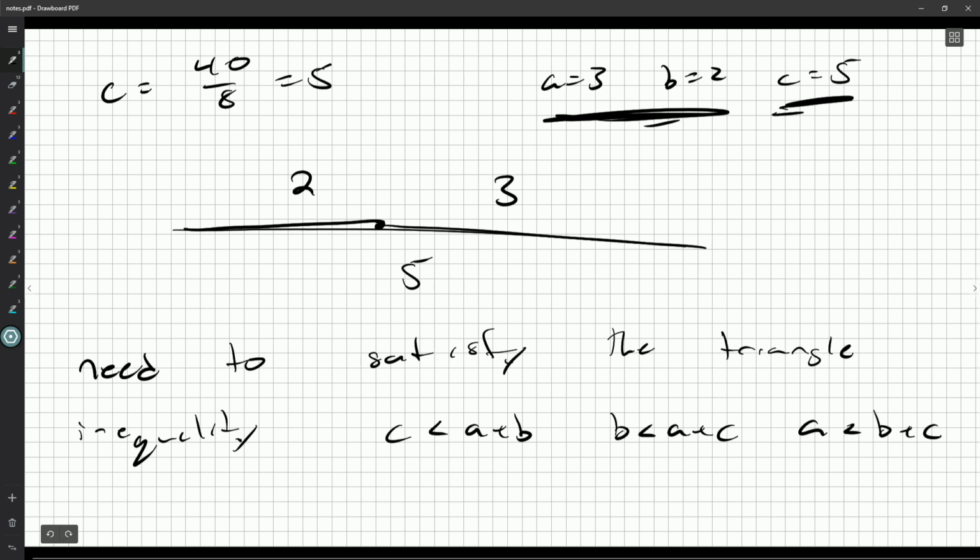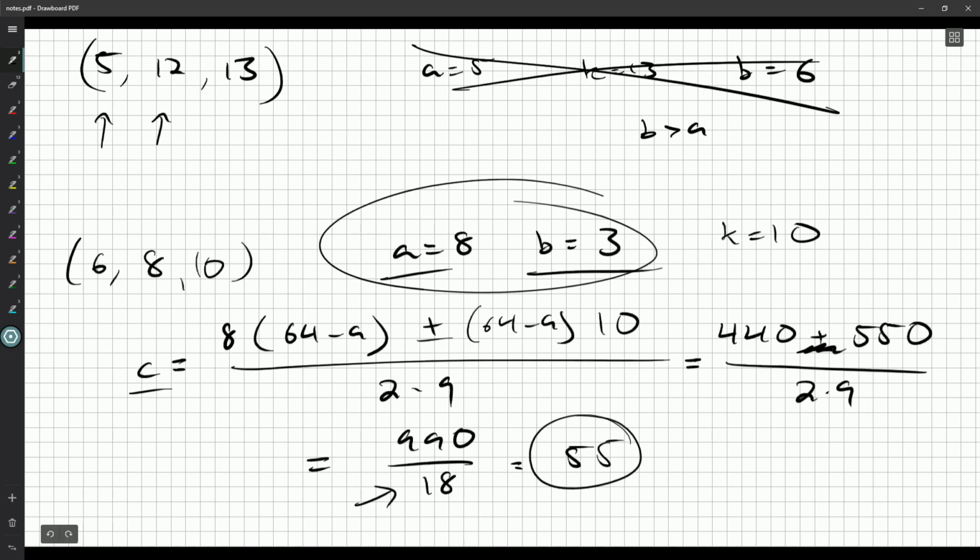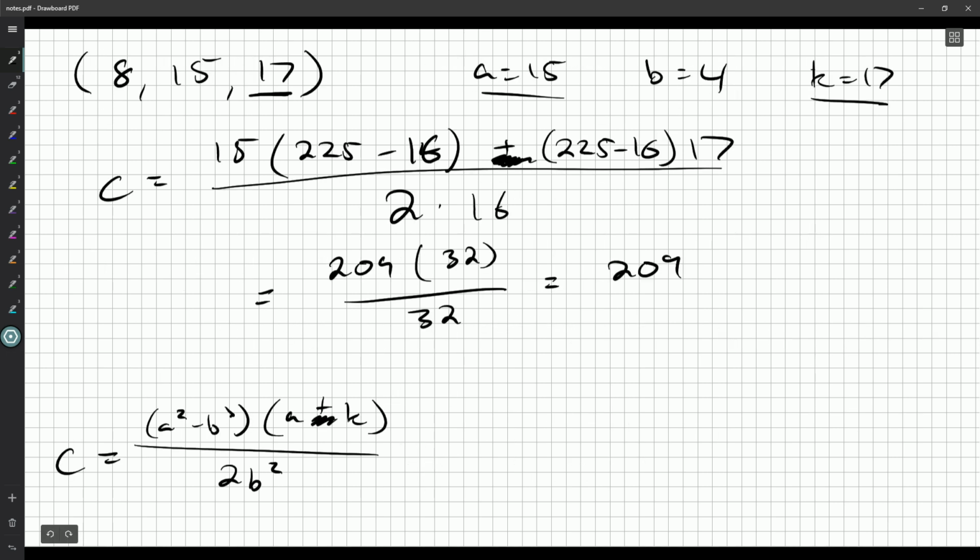And the A and B were close when I did the first Pythagorean triple, 3, 4, 5. That wasn't bad. Here the A and the B are too far apart, and so we get this 209, this ridiculous, absurdly huge number. Doesn't help.